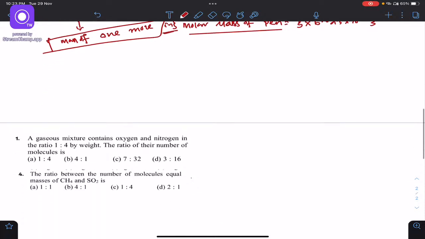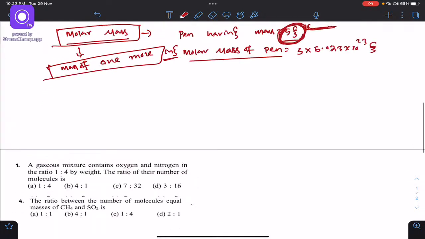Okay, so let's say the mass of one oxygen atom is equal to 16 AMU. AMU means atomic mass unit. The mass of one oxygen atom is 16 AMU.